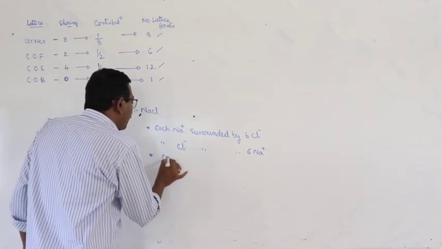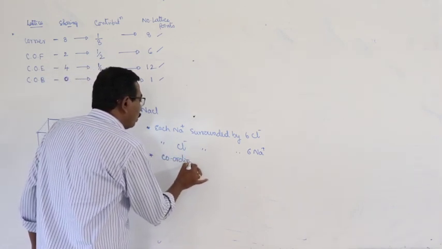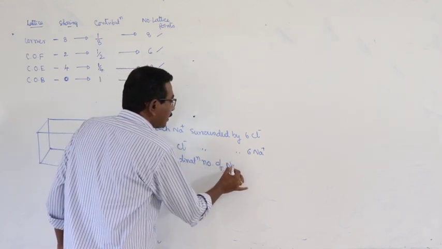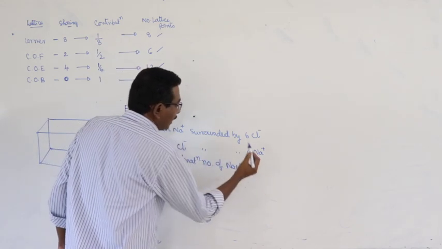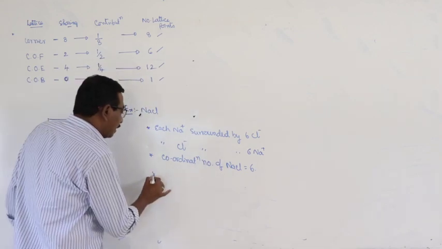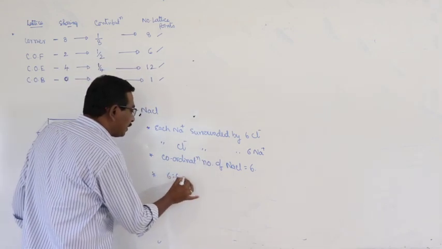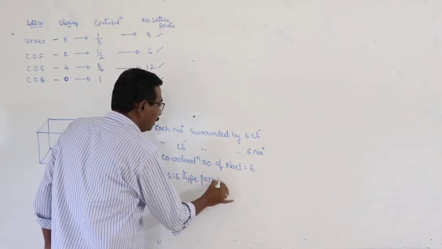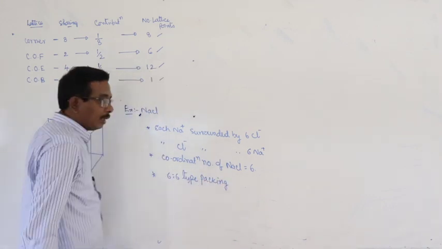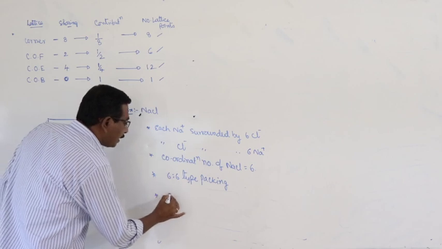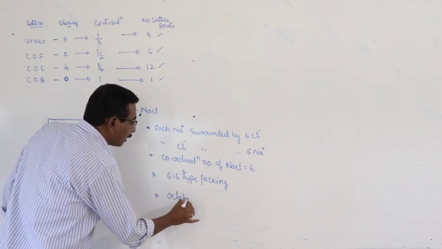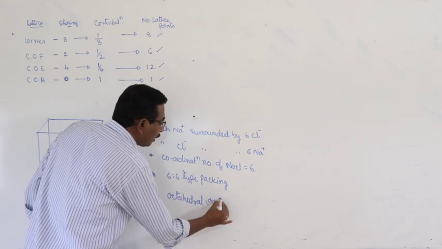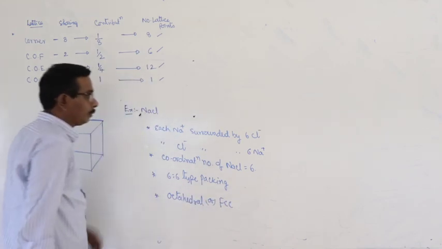Therefore, coordination number of NaCl crystal is equal to 6. This is also known as 6:6 type packing. And here the shape of the ionic crystal is octahedral or FCC.